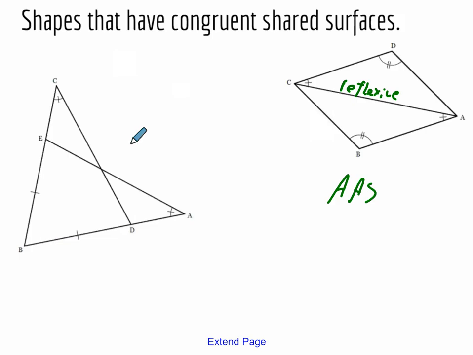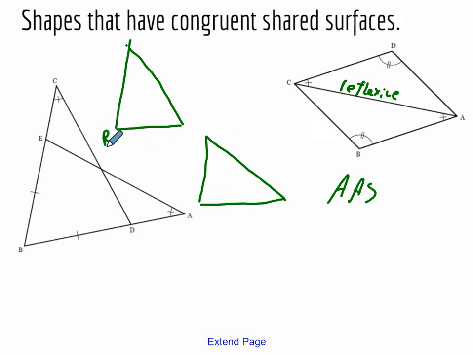On this one, this is a great example of one where I would want to separate the drawing. And I would have two triangles, sort of like one laid on its side. This is angle B, and then I have angle C and D, and then this is E and A. I know angle A and C are the same, so I can mark that.